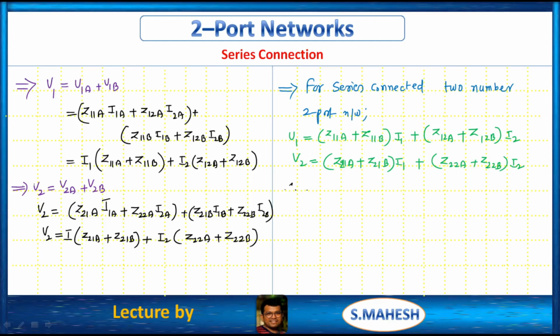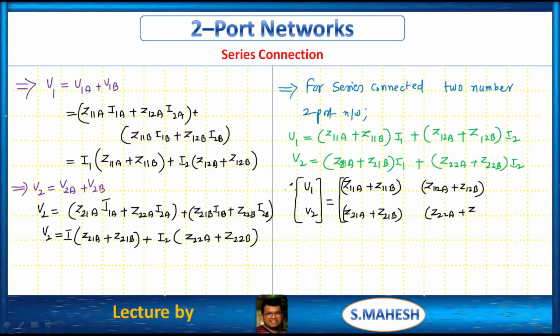Therefore, in matrix form we can write V1, V2 equals the matrix with entries Z11A plus Z11B, Z12A plus Z12B, Z21A plus Z21B, Z22A plus Z22B, multiplied by I1, I2.